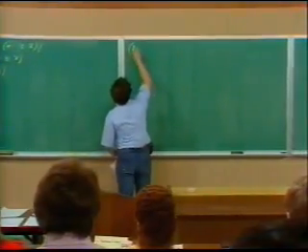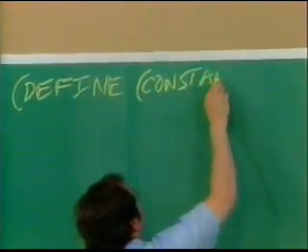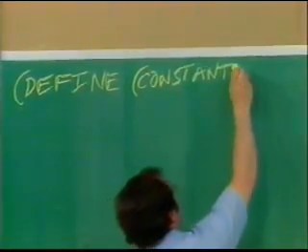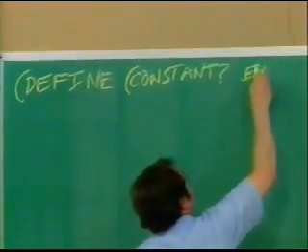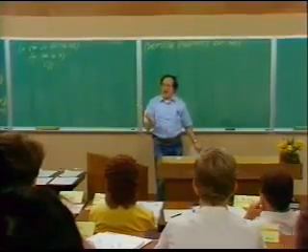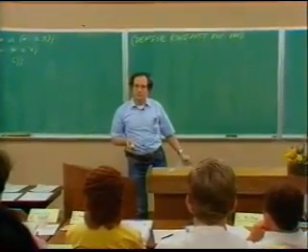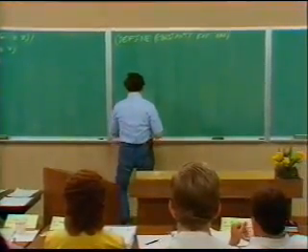I'm going to define a constant. What I mean by an expression being constant with respect to a variable is that the expression is something simple. I can't break it into pieces, and yet it isn't that variable.